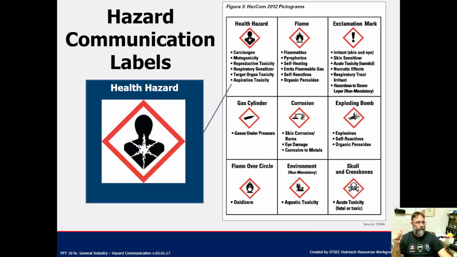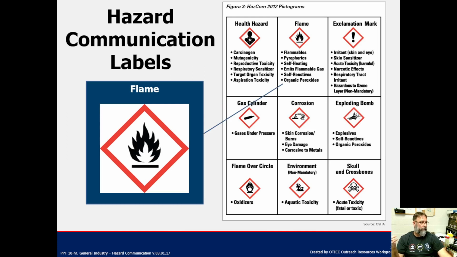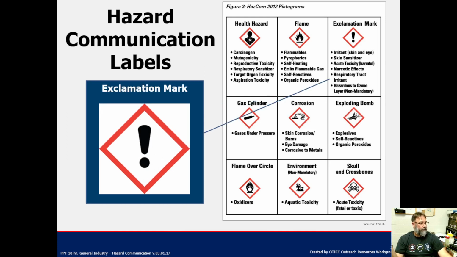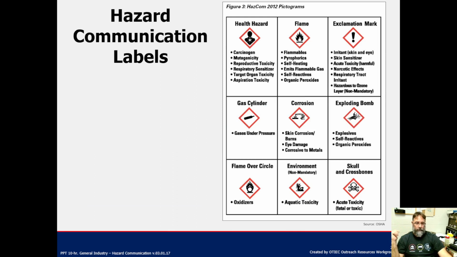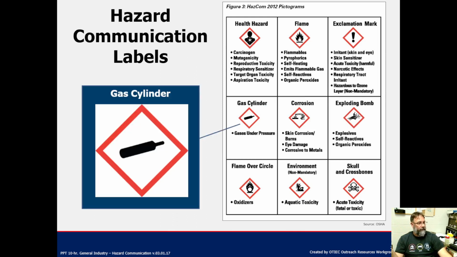Health hazard: carcinogen, mutagen, reproductive toxicity, aspiration toxicity, flammable, self-heating, narcotic effects, respiratory tract irritant, skin and eye irritant, skin sensitizer. What's the next one? There it is. Gas cylinders. You see those if you're in welding. We actually have some welding in the back room here.